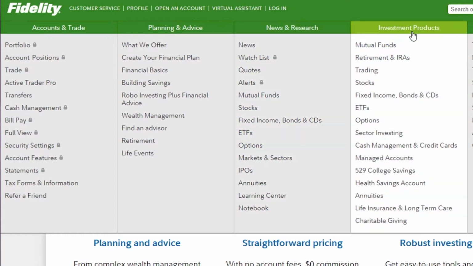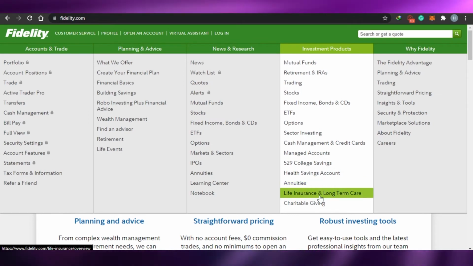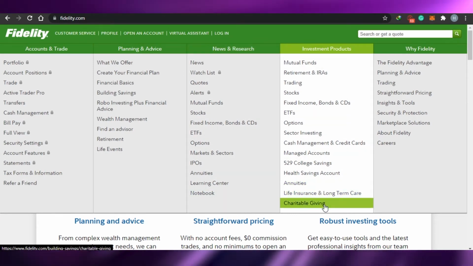Let's go to investment products. This is something interesting. You can see right here: mutual funds, retirement and IRAs, trading, stocks, fixed income, bonds and CDs, ETFs, options, sector investing, cash management and credit cards, managed accounts, health savings accounts, annuities, life insurance, charitable giving.